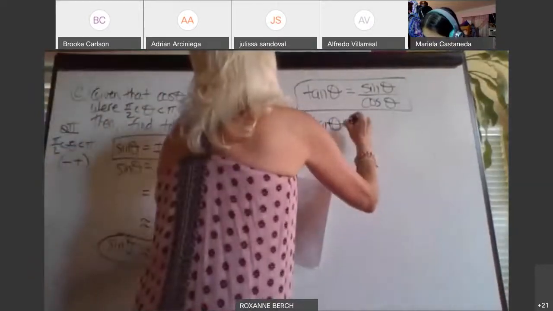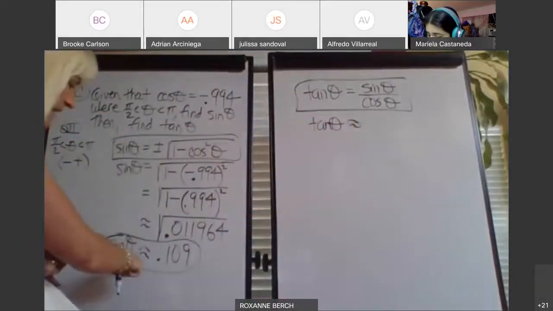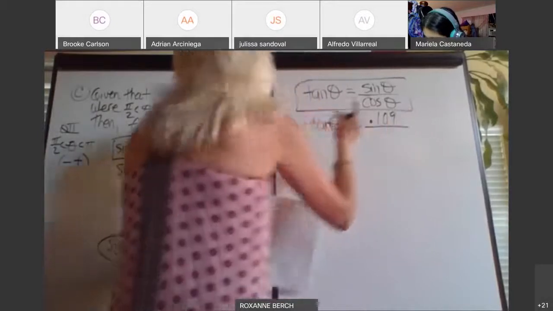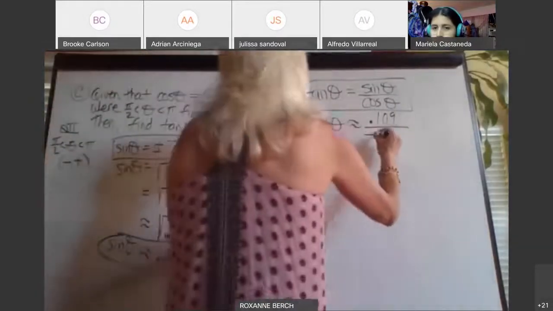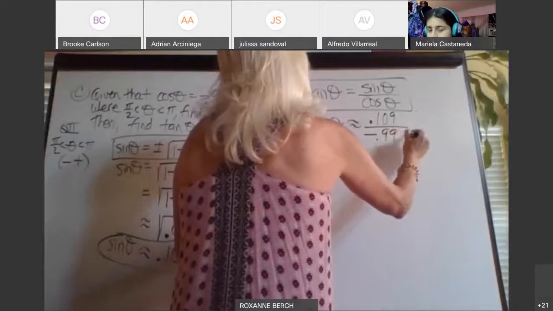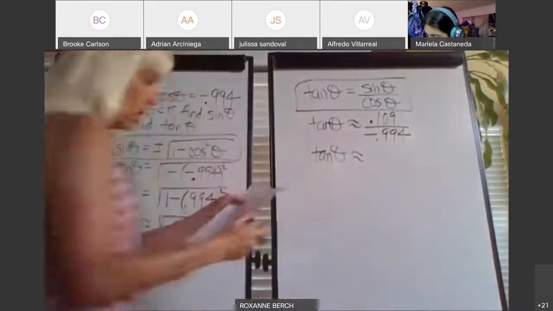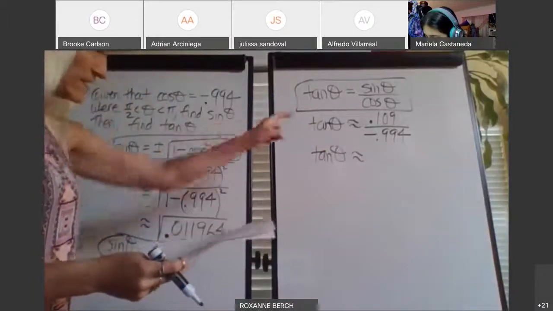Approximate. Sine is 0.109, and cosine of theta is negative 0.994. So we can figure out tangent. Go ahead and tell me, what is that?